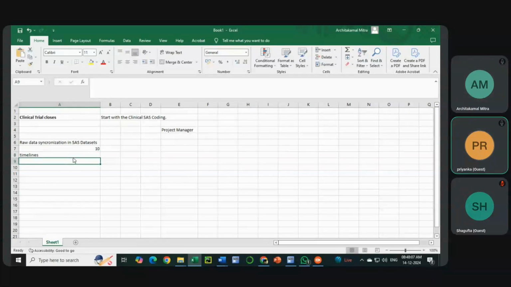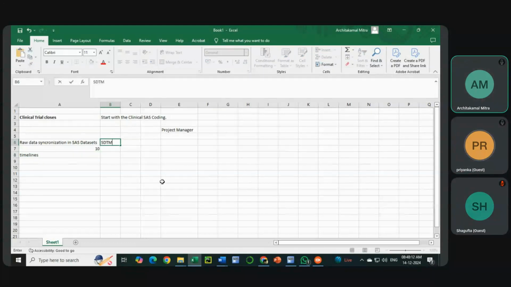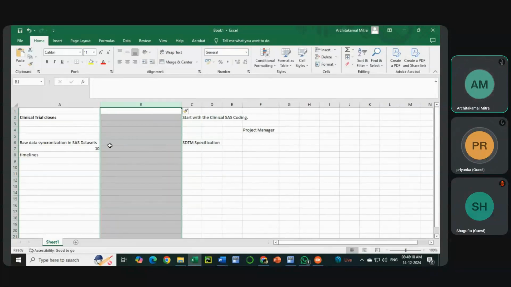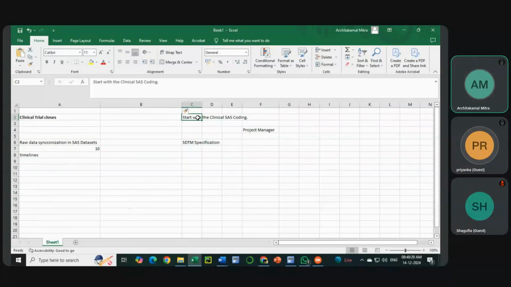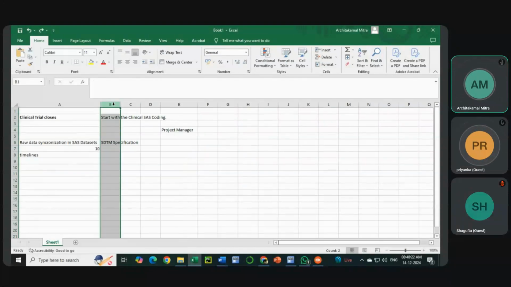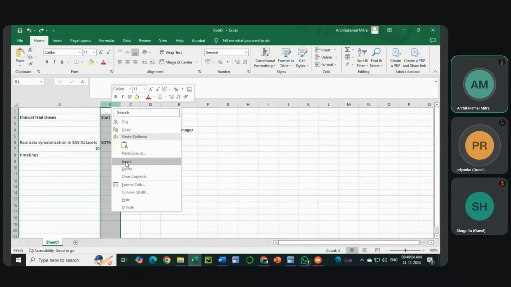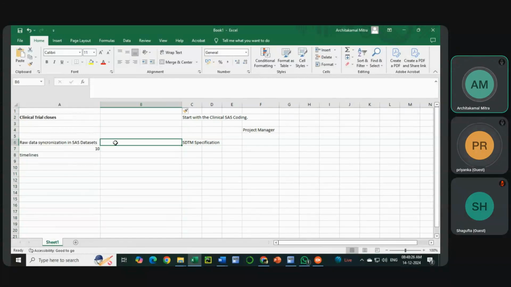Second, we have the SDTM specification. Before this SDTM specification, there would be annotation of CRFs.